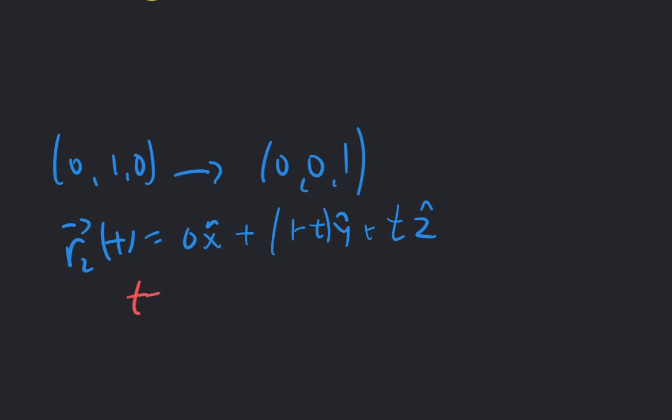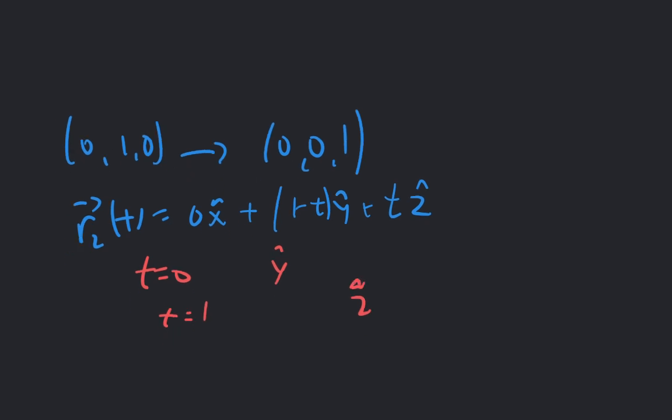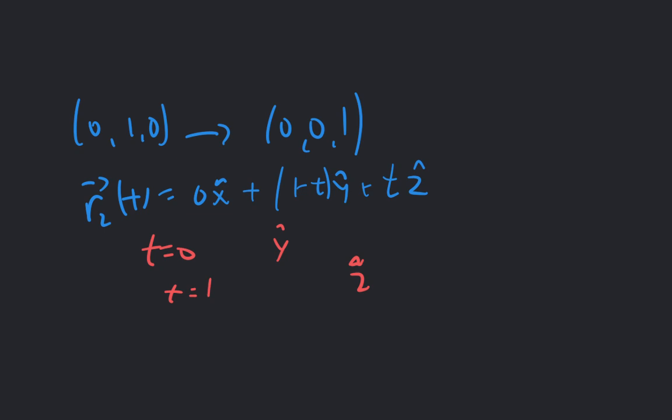When t is equal to 0, we have y unit, t is equal to 1, z unit, simple. So we take the derivative, minus y unit plus z unit.